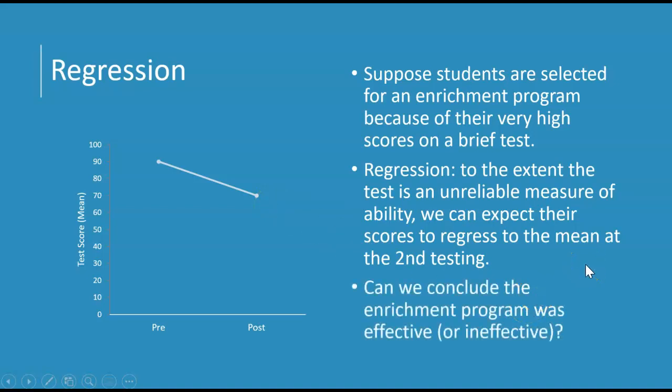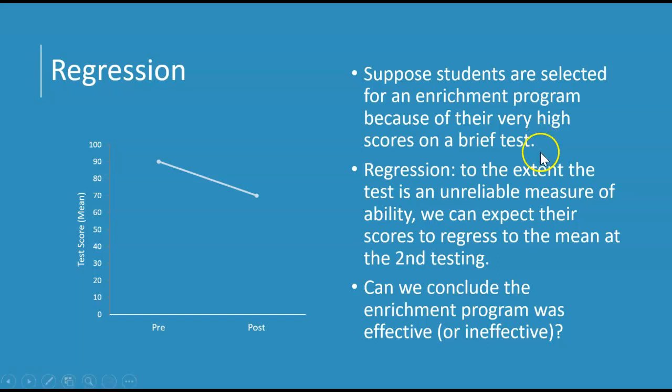Does that mean that the program was ineffective? Probably not. If you're using an unreliable short test to assess ability at the pretest, maybe just by random bad luck, they were fairly easy questions on the brief initial test. And maybe at the post-test, you get a random sampling of questions and they're harder questions.